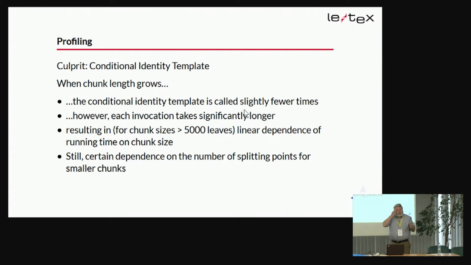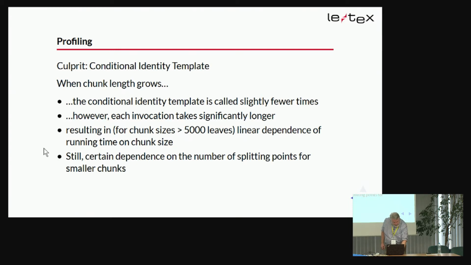So you have that linear range here, and I started profiling it and noticed that this conditional identity template is being called about the same amount of times independent of chunk length, but the runtime for each invocation grew to insane amounts.